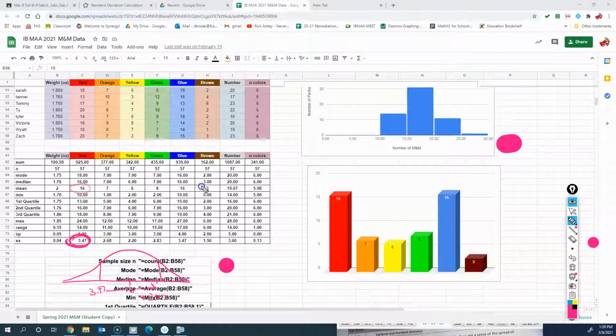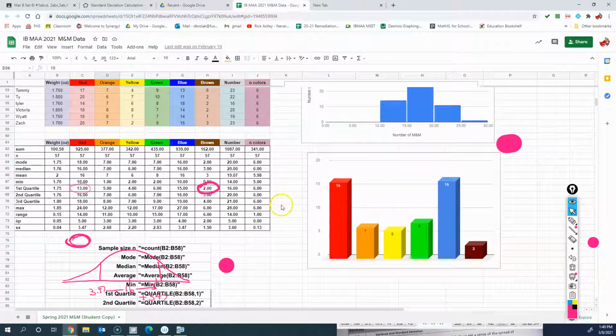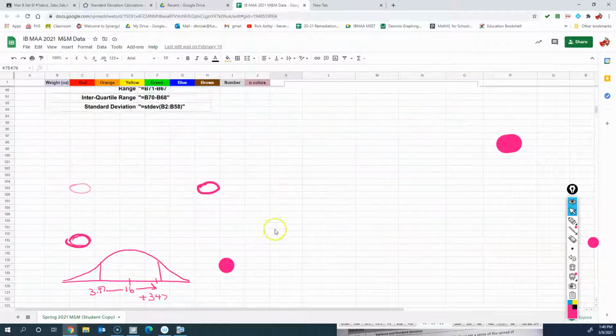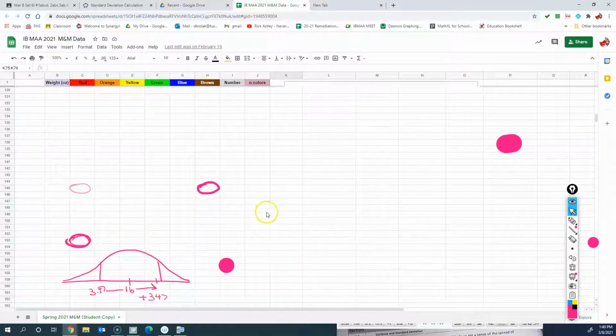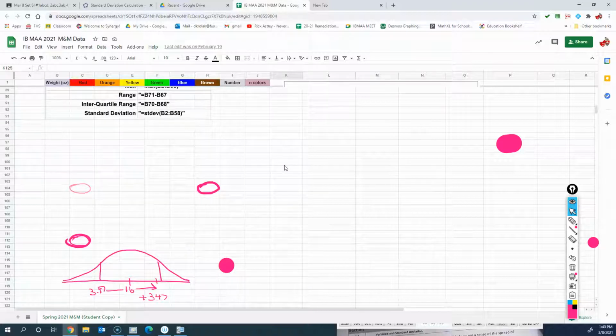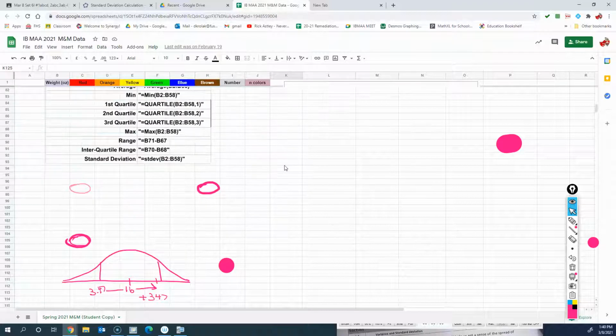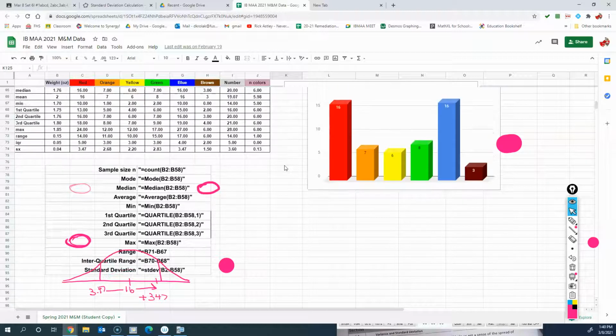Now look at it for the browns. With the brown M&Ms, each packet on average only had 3. The standard deviation for the brown ones, I'm sorry guys, computer is super laggy. There you go. Here are my browns.